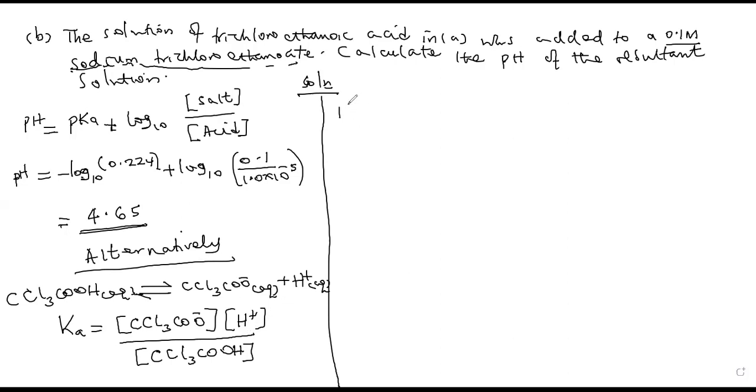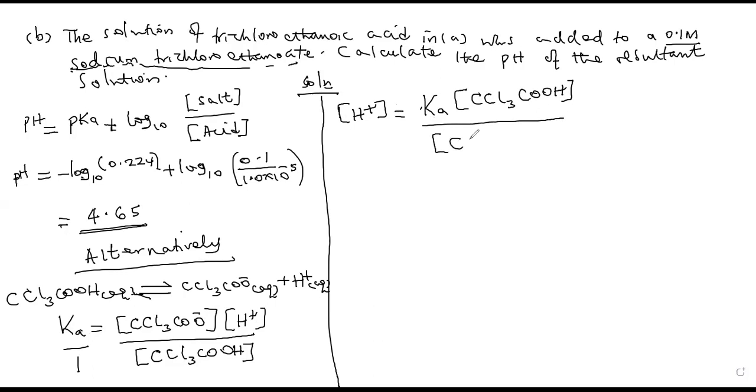Therefore, hydrogen ion concentration is equal to, if you cross multiply here, Ka times the concentration of trichloroethanoic acid divided by the concentration of trichloroethanoate ions.